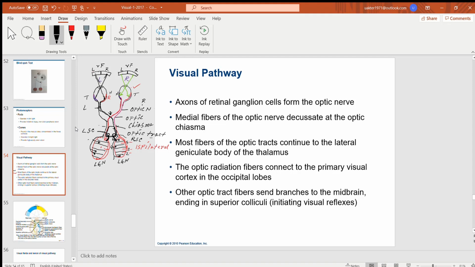Also, signal from the lateral geniculate nucleus goes to two other structures in the midbrain. I am showing them here in red.